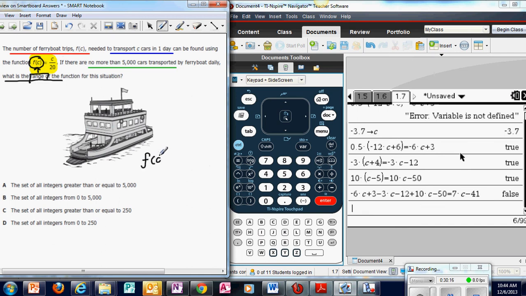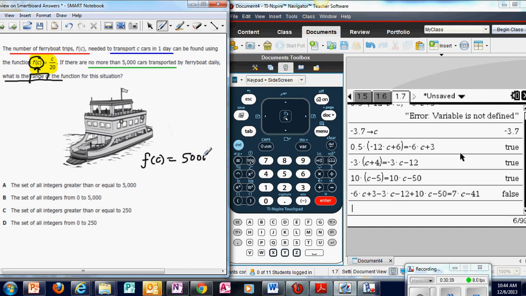F of c equals C, the number of cars transported in a day. Well, we know it's no more than 5,000. Can we transport 5,000? If we say no more than 5,000, can we actually have 5,000? Yes, because if I say you can't have more than $10 and I give you $10, that's not more, you can have that.